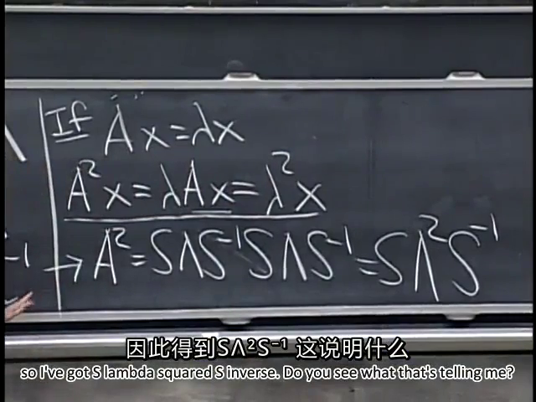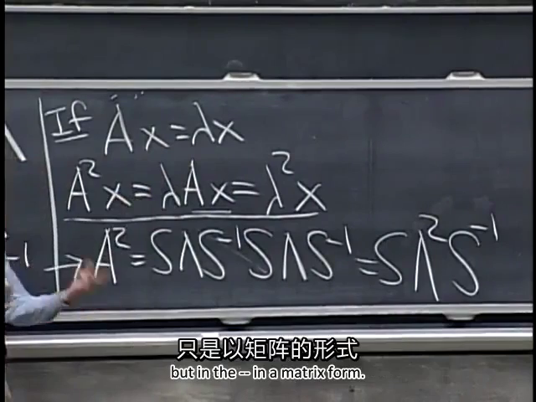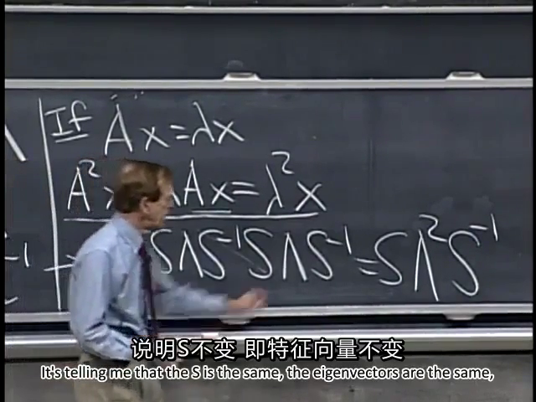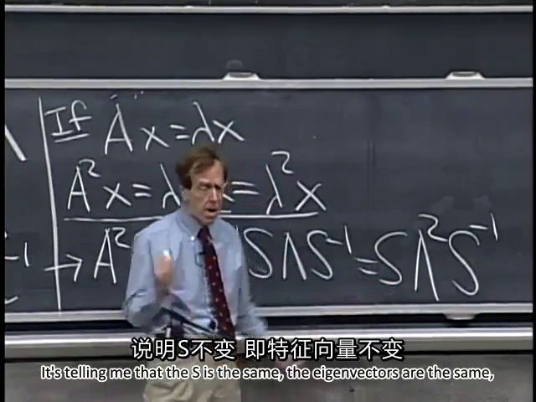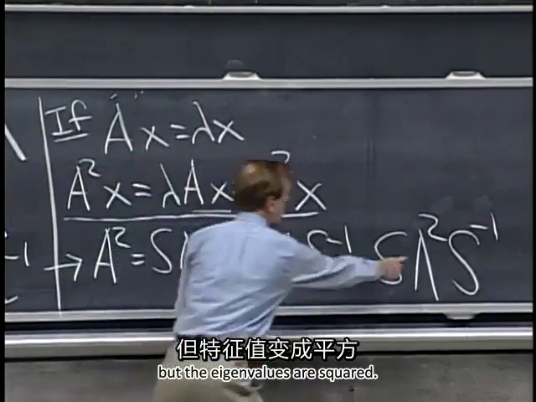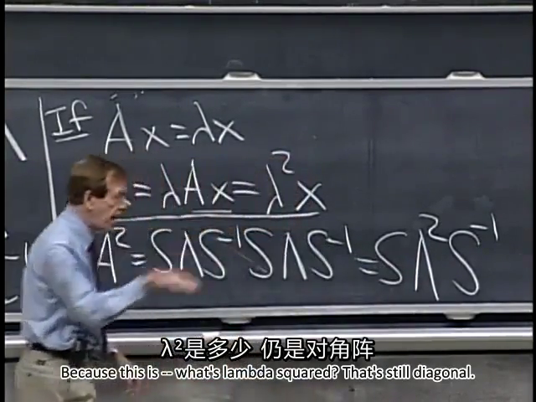You see what that's telling me? It's telling me the same thing that I just learned, but in matrix form. The S is the same, the eigenvectors are the same, but the eigenvalues are squared. Because lambda squared is still diagonal.